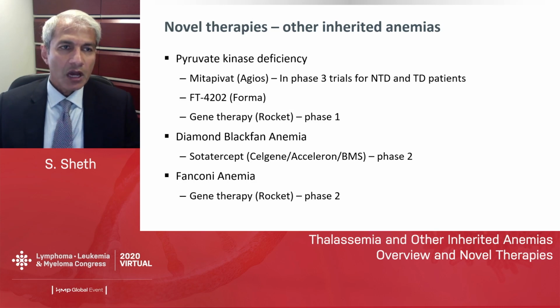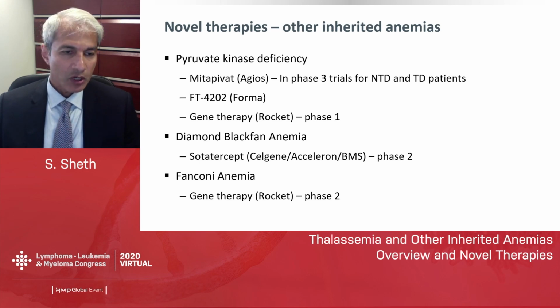Just very briefly to talk about the novel therapies for other inherited anemias that are in the pipeline. So pyruvate kinase deficiency: mitapivat, as well as FT4202. These are in trials as well. And then phase 1 gene therapy trials for pyruvate kinase deficiency are also underway.